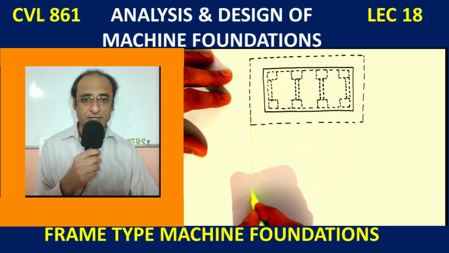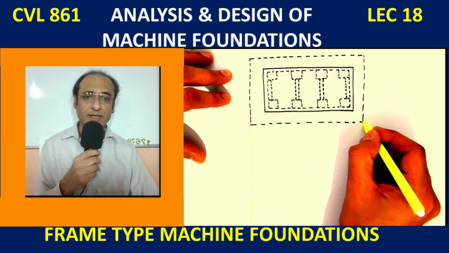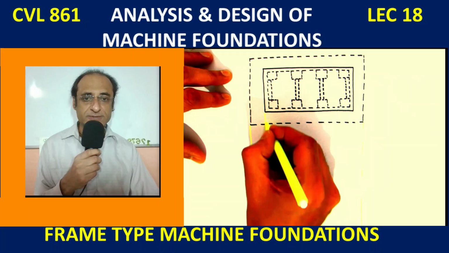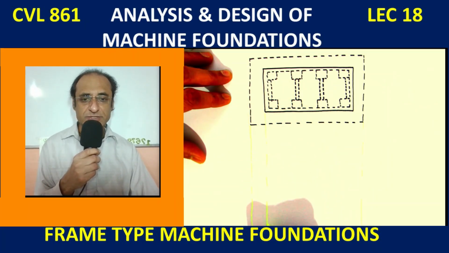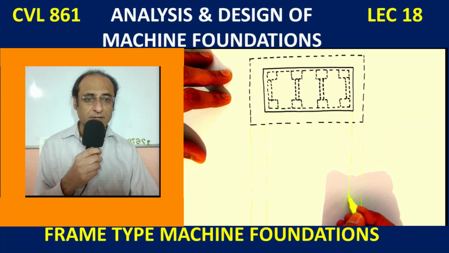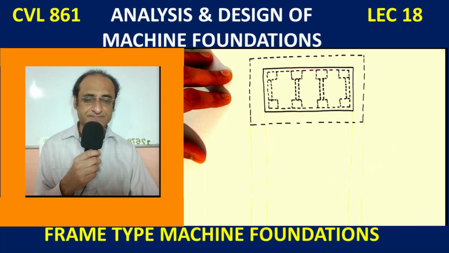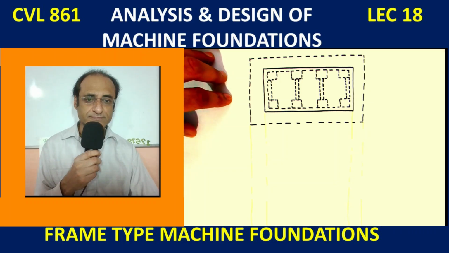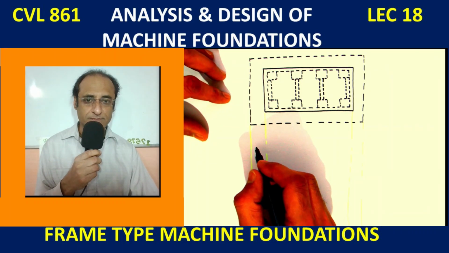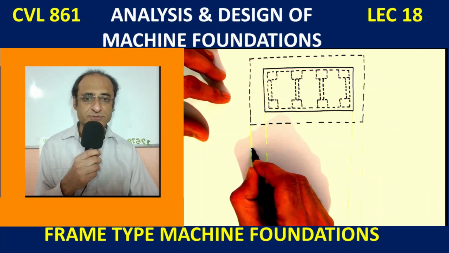And now let's see it in elevation also. After we complete this, we'll show you the picture of an actual RC frame type machine foundation. So we are beginning with the top slab.